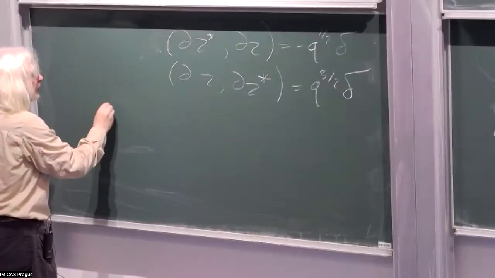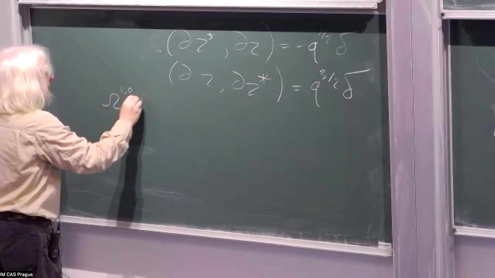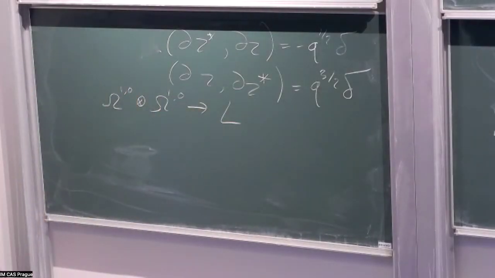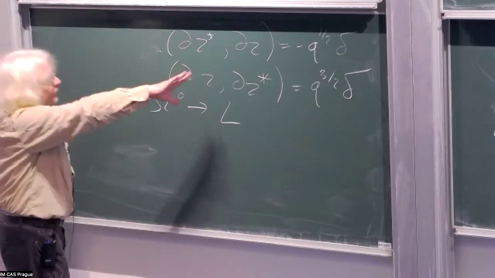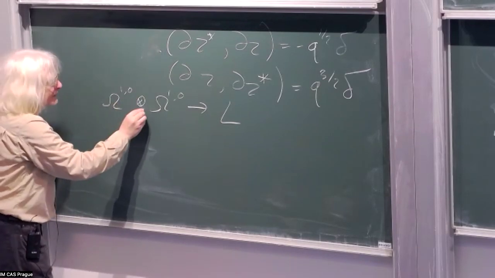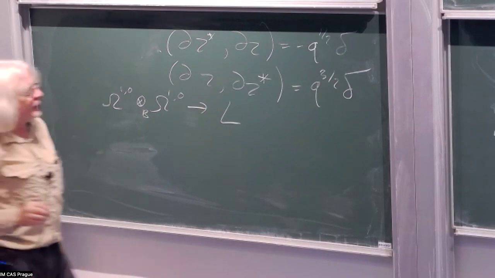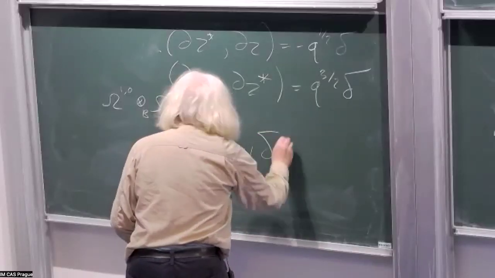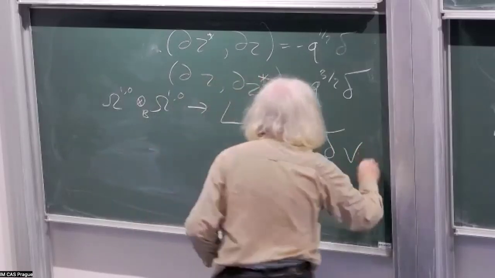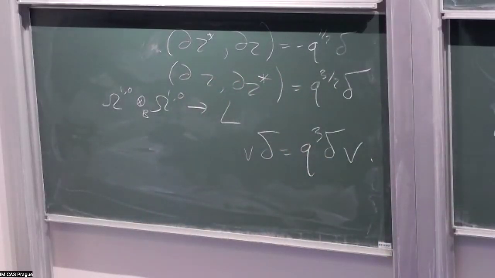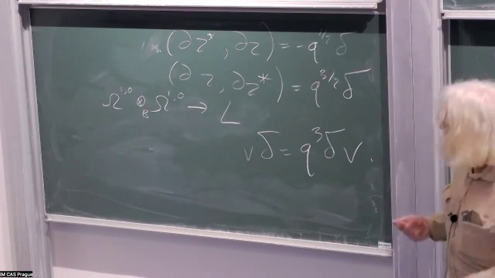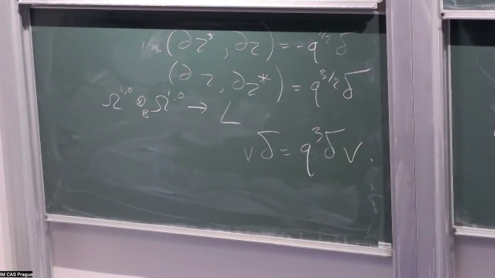Well, as I say, you can shift it around from omega 1,0 tensor omega 1,0 to, well, there's going to be a line bundle in here, because what I want to do is ask what is the condition for this to descend to a tensor product over B. And it turns out that the condition is that, where V is either Z or Z star, this gives you a condition, well, this basically gives you a line bundle which is based on the grading of the quotiented tensor algebra B plus.